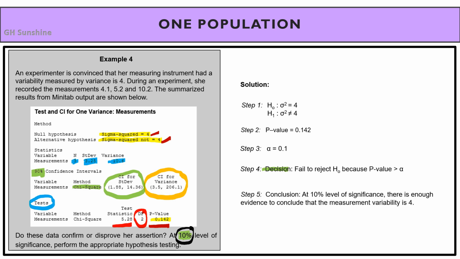Therefore, at 10% level of significance, there is enough evidence to conclude that the measurement variability is 4, meaning based on H0 here. So this is how you conclude based on Minitab output for one population variance.